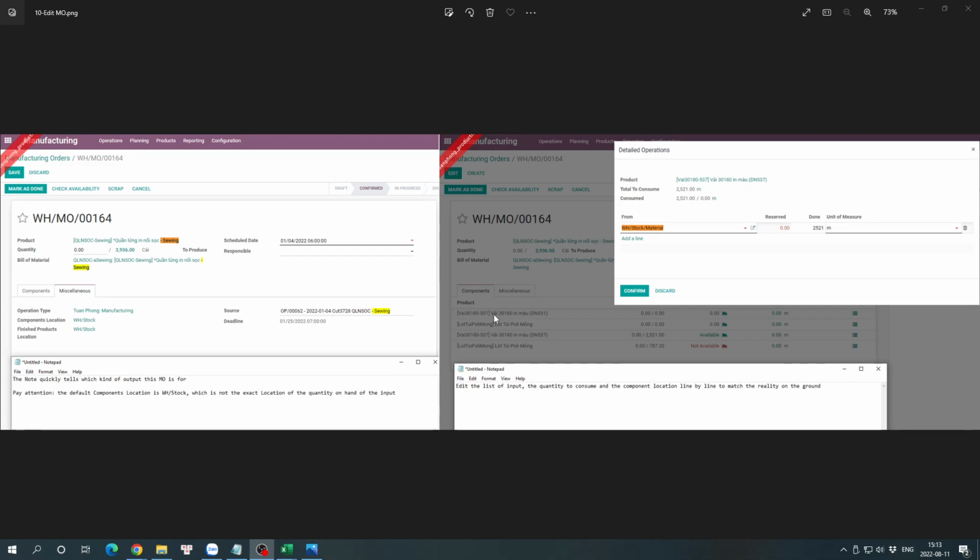This is an inconvenience, and we have to get around that by this: edit the list of input in the components tab, the quantity to consume, and the components location line by line to match the reality on the ground. So you go like that. See, you can put the material location in here. That's how the system is at the moment. It's that convenient, it's that inconvenient.